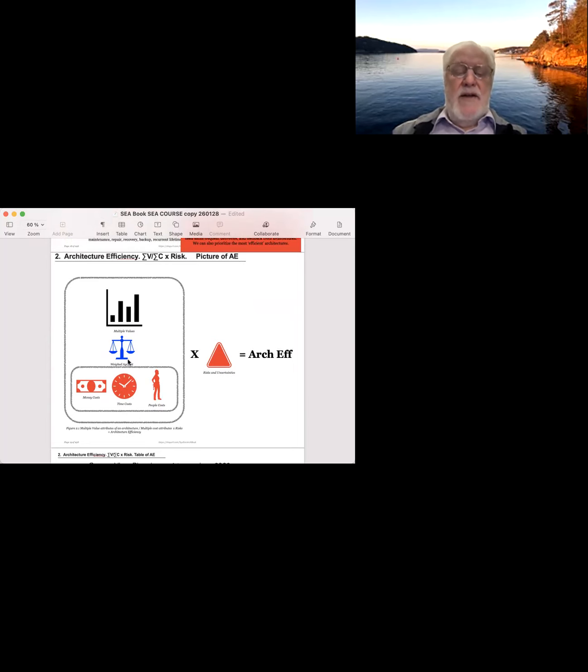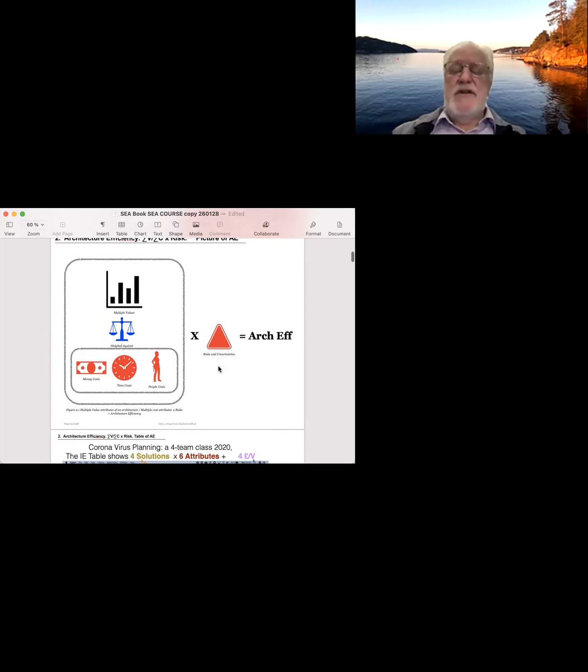Here are all the costs, and here are all the values, and I'm trying to get, as an architect, a reasonable balance. I'm also taking into consideration the risks and uncertainties. That is, I'm modifying these numbers with my risk information to get a balanced architectural efficiency with regard to risk.